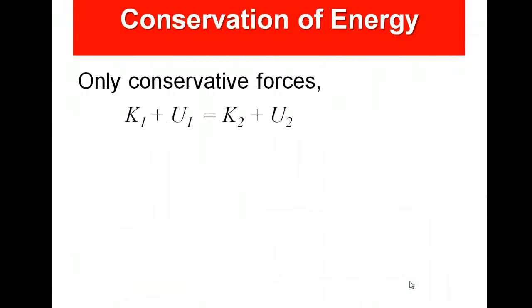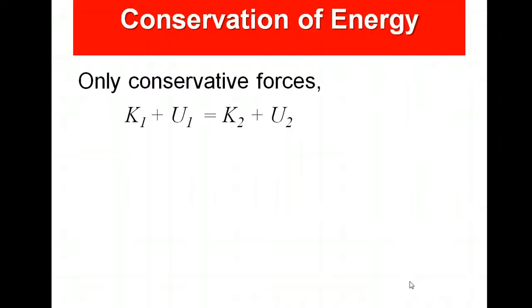Now, the reason we define this quantity, potential energy, is to use it in the law of conservation of energy. If there are only conservative forces involved, like gravity, weight, and those would likely be the most common forces that we'll encounter in this chapter, we can write that the kinetic energy plus potential energy at some point must be equal to the kinetic energy plus potential energy at any other point.